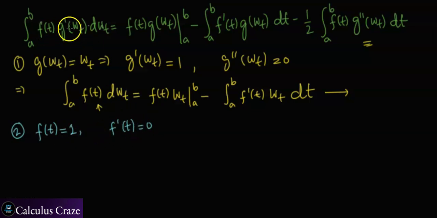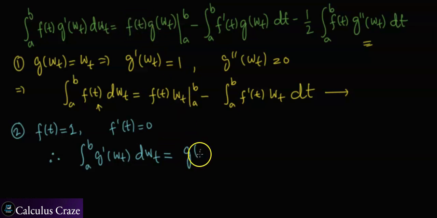So now what we will be left with is the integral from a to b of the derivative of g, dw sub t, equal to g of w sub t from limits t equals a to t equals b, minus the integral from a to b.